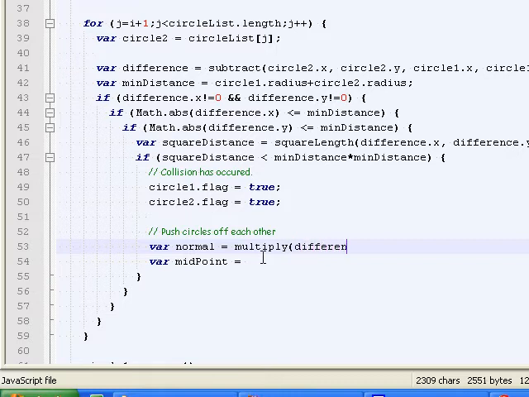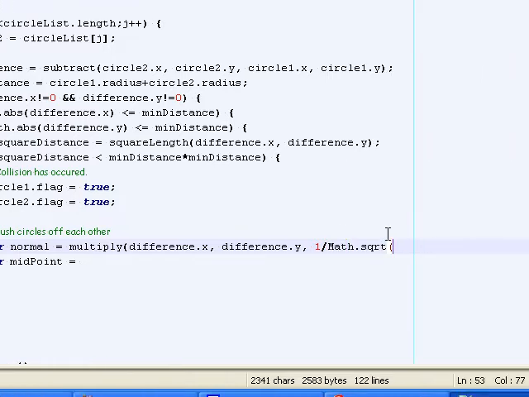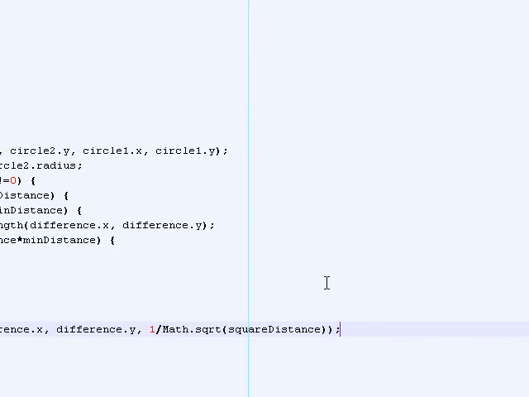Difference to x, difference to y, and the inverse square root. Square distance. What long lines we're getting.